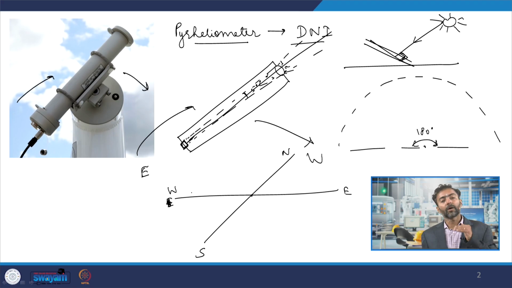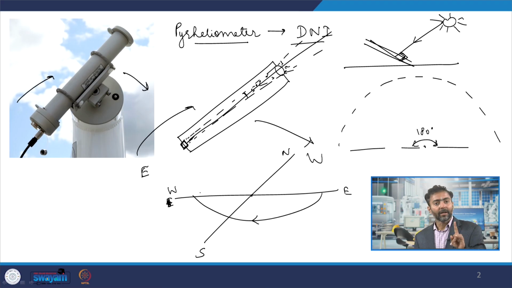But if you are in the northern hemisphere, and suppose a typical example we take, let us say you are at the Tropic of Cancer. So for an observer at a Tropic of Cancer, this east to west motion of the sun will always happen towards the south. So basically what I mean to say is that the trajectory of the sun would be something like that, rising in the east, going to the west, but somewhat towards that particular curvature, that arc will be towards due south.